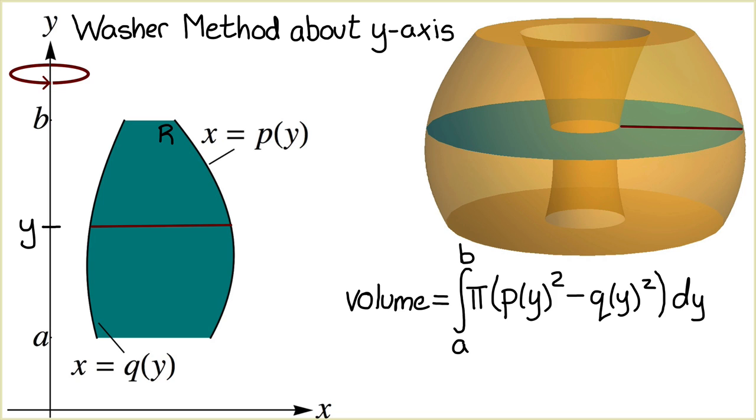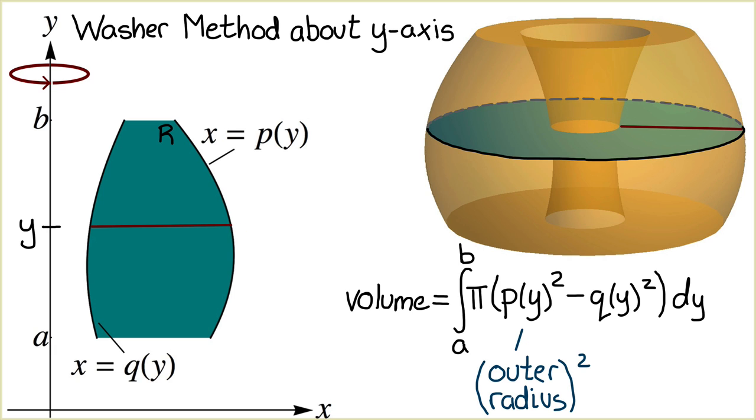And recall that the washer method says that volume is equal to the integral from a to b of pi times p of y squared minus q of y squared. The value of p of y is the radius of the outer circular boundary of the washer, which is the distance from here to here, or seen on our two-dimensional graph, it's the distance from here to here.